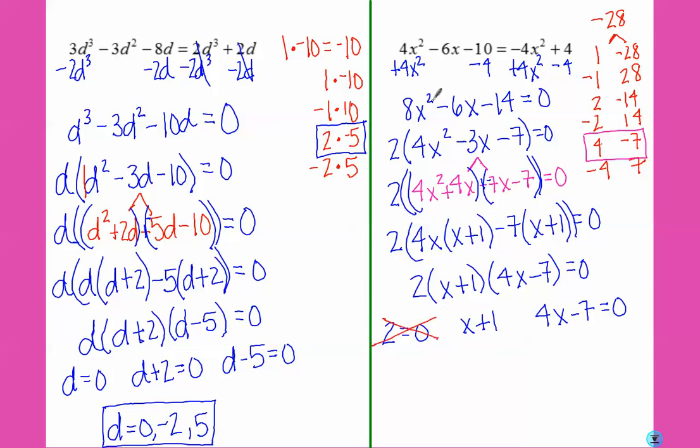Again, we started with an x squared. These two equations will give us the 2 answers that we expected when we have an x squared. Subtract the 1, we get x equals -1. Here we'll add the 7 and divide by 4 to get x equals 7/4.